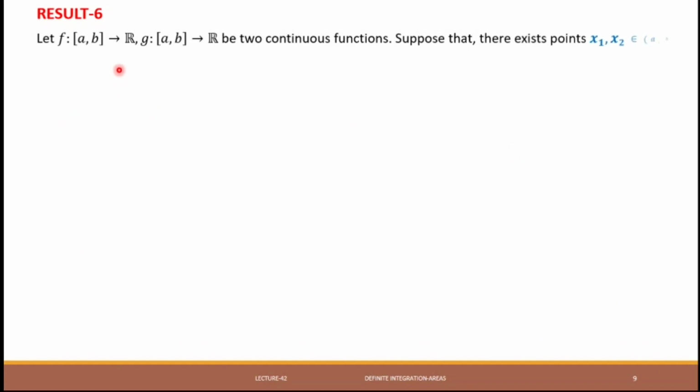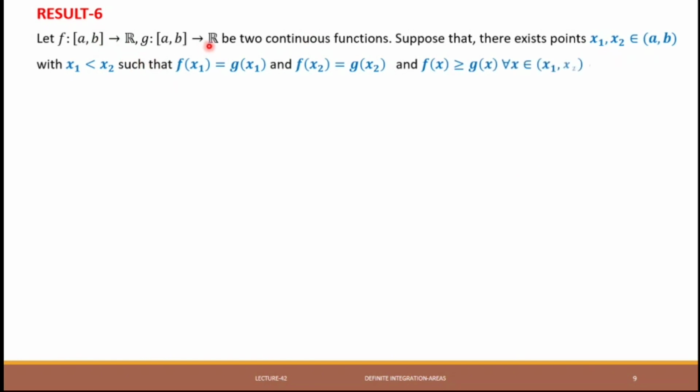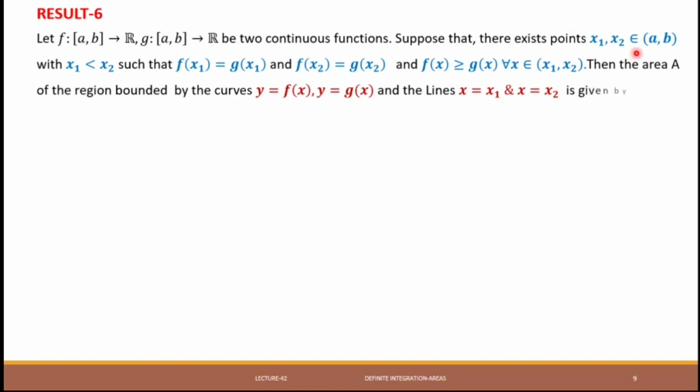Let f, g be two continuous functions defined on the closed interval [a, b] to R. Suppose that there exist points x1, x2 in the open interval (a, b) with x1 less than x2 such that f of x1 is equal to g of x1 and f of x2 is equal to g of x2, and f of x is greater than or equal to g of x for all x belonging to (x1, x2), that is f of x is greater than or equal to g of x in the open interval (x1, x2).